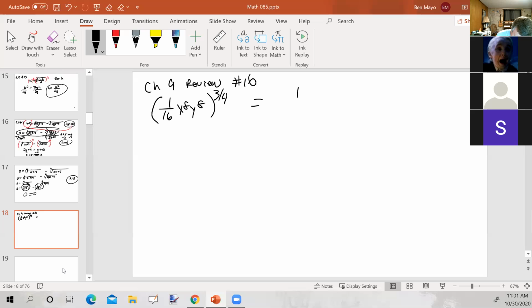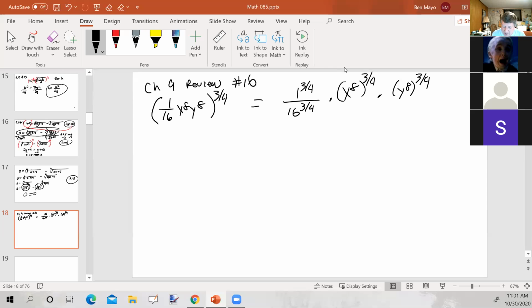So I get 1 to the 3/4 power over 16 to the 3/4 power times x to the 8th to the 3/4 power times y to the 8th to the 3/4 power. Okay, so we've attached that 3/4 exponent to all the factors in both the numerator and denominator of the base inside the parentheses. Let's take them one at a time.